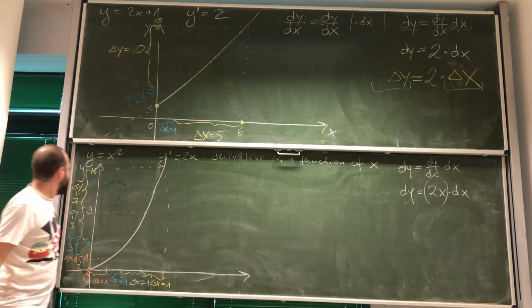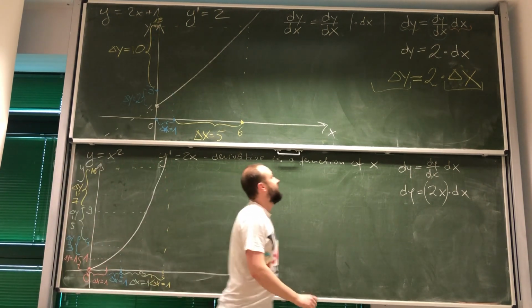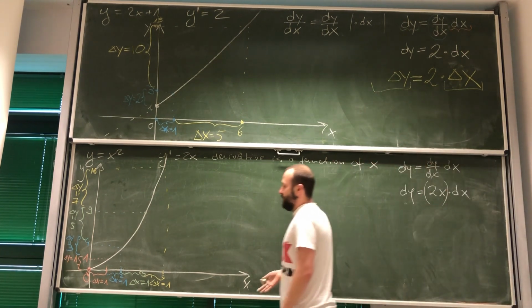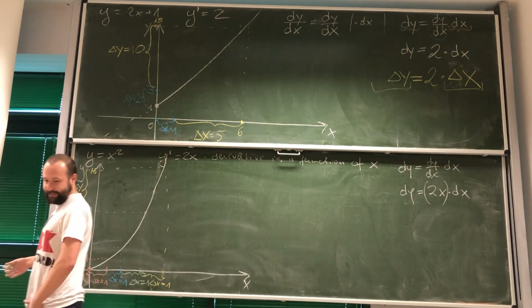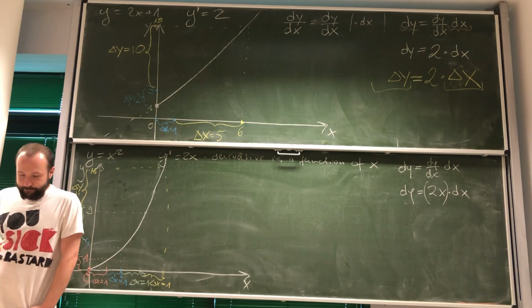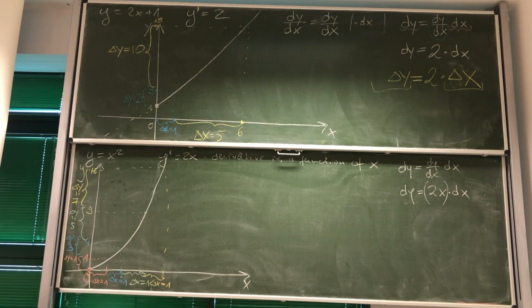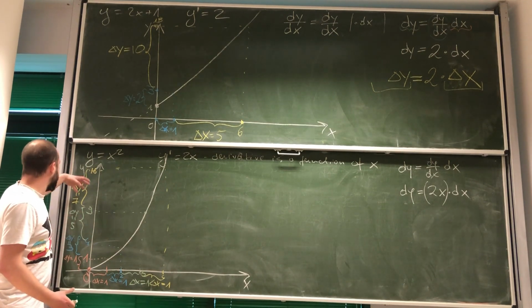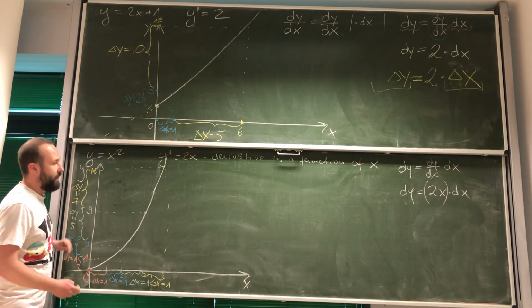So what is happening over here? Look, each time when x is taking a different value, the same increase in x actually results in bigger and bigger and bigger increase in y.